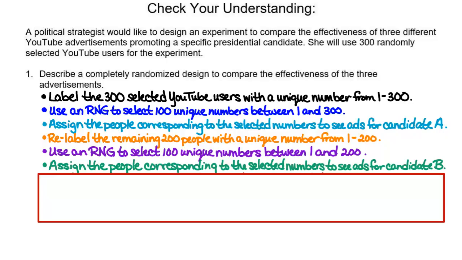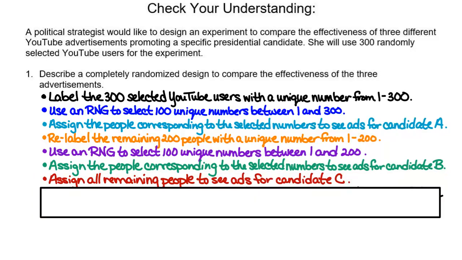Thank you, David. So far, we have 200 people assigned. What do I do now? The remaining users will be advertised. Yes. Assign all remaining people to see the ads for candidate C. Have them vote. Yep.